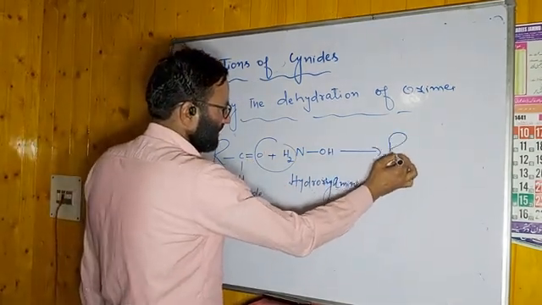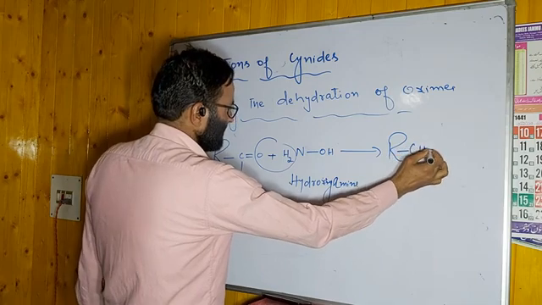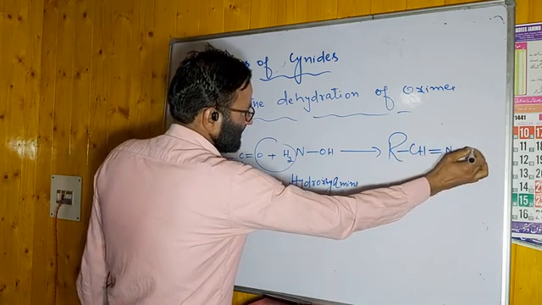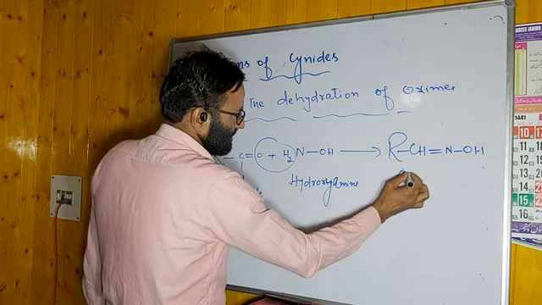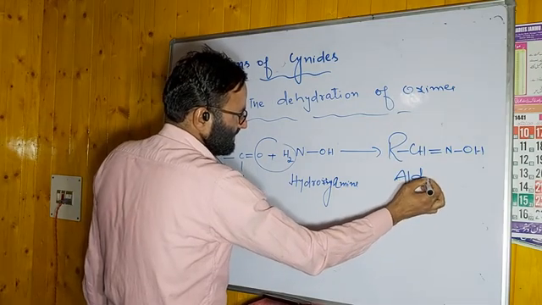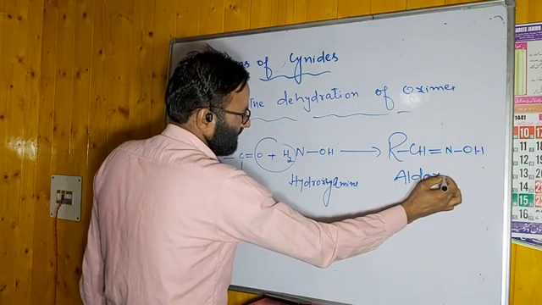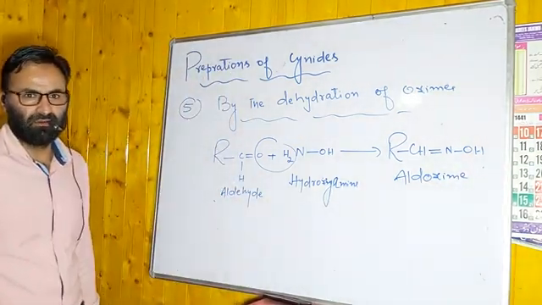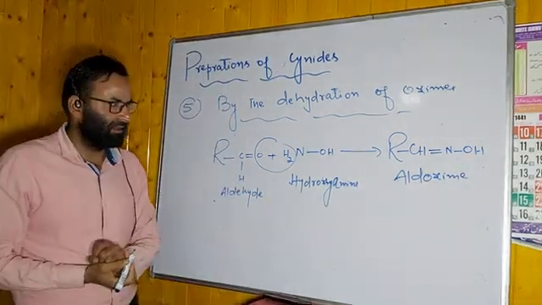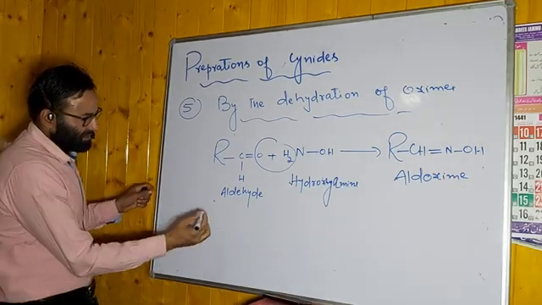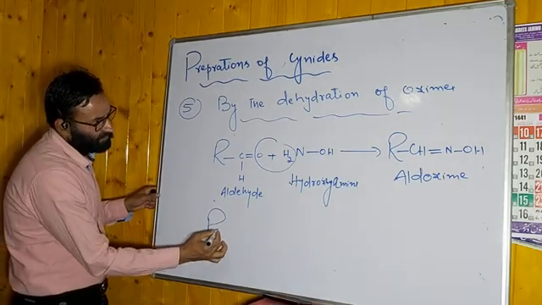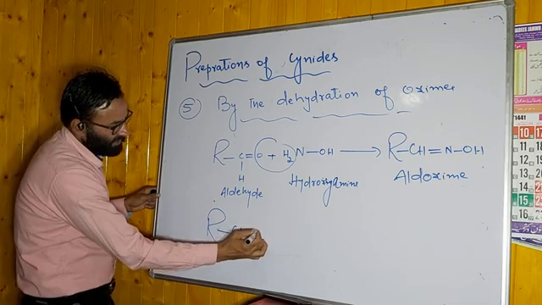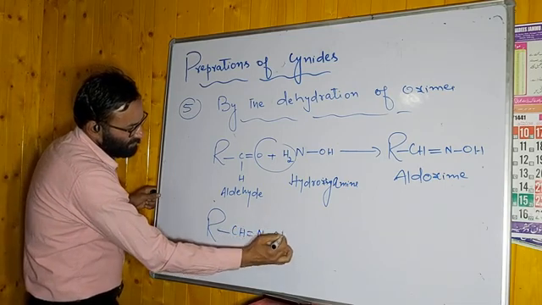You will have RCH double bond NOH. It is the oxime from aldehyde, known as aldoxime, because we get it from aldehyde.